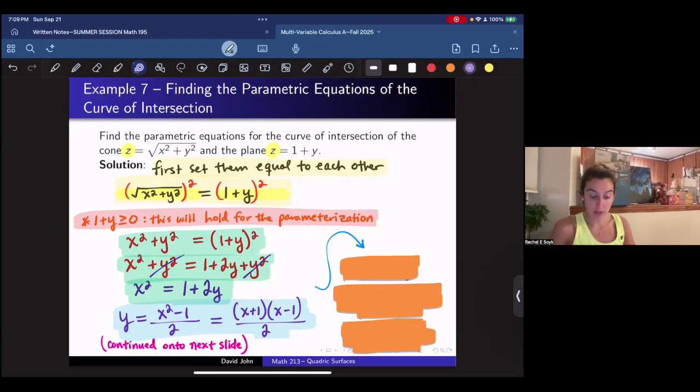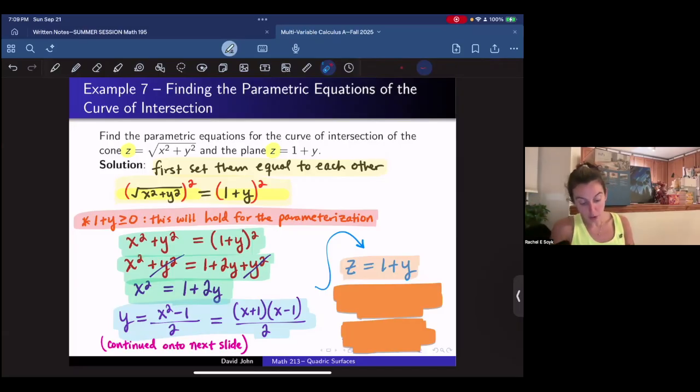And now we can do the substitution of z back into it. We know that z is equal to 1 plus y, and we know that y is this whole (x squared minus 1) over 2. So we get z is equal to 1 plus (x squared minus 1) over 2. But 1 as a fraction with a denominator of 2 is just 2 over 2.